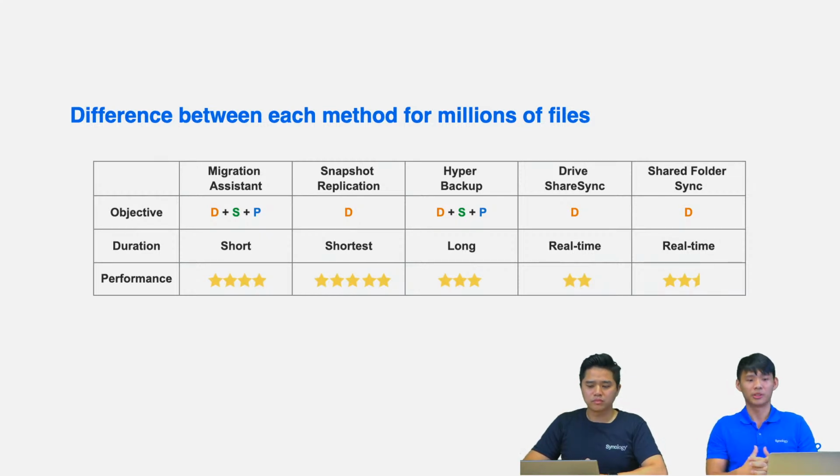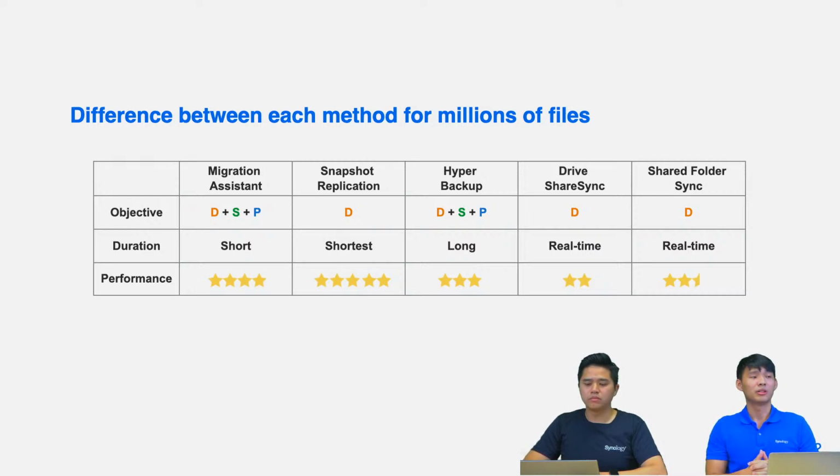Before ending this webinar, I would like to share the difference between each method. We recommend using Migration Assistant for moving data as long as the target NAS supports Migration Assistant. If not, using Hyper Backup would be better if packages also need to be moved. Although the duration is a bit longer, it could move data completely.